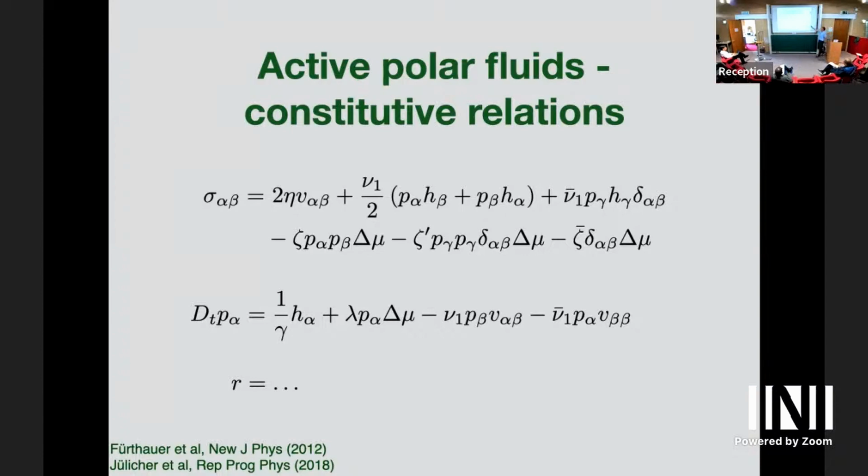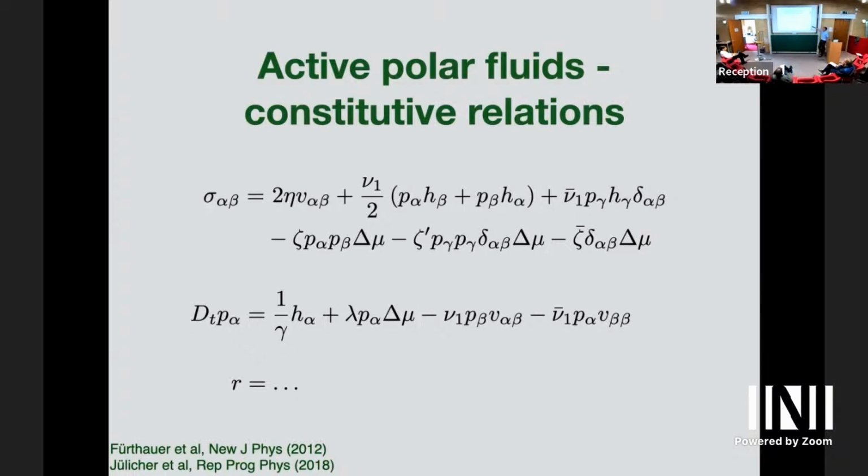And then what makes this whole thing active is the coupling to the difference in chemical potentials of ATP and its hydrolysis product. So this is how we couple the chemical energy that is released in the process of ATP hydrolysis to the mechanical part in the stress in our system.